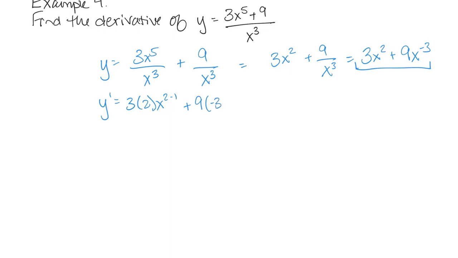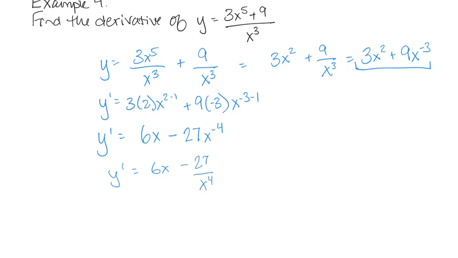Same fashion that we have been doing. And then simplify. We have 6x minus 27x to the negative 4. It's not necessary, but we can rewrite it so that our negative exponent is positive by moving it to the denominator.